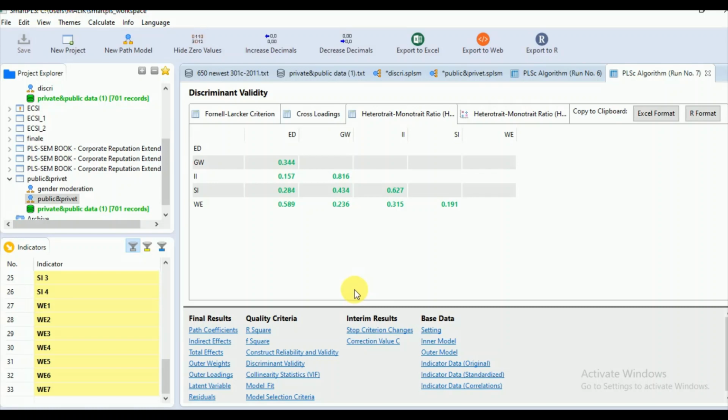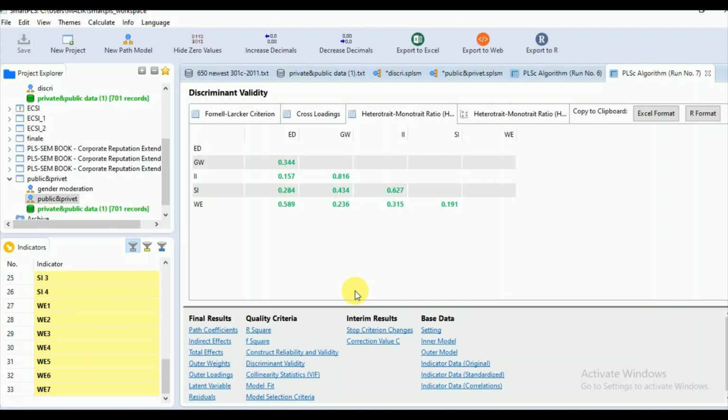In addition to these guidelines, you can use the bootstrap to test whether the HTMT value is significantly different from 1, or a lower threshold value such as 0.85 or 0.9, which should be defined on the basis of the study context, as per Franke and Sarstedt (2019).